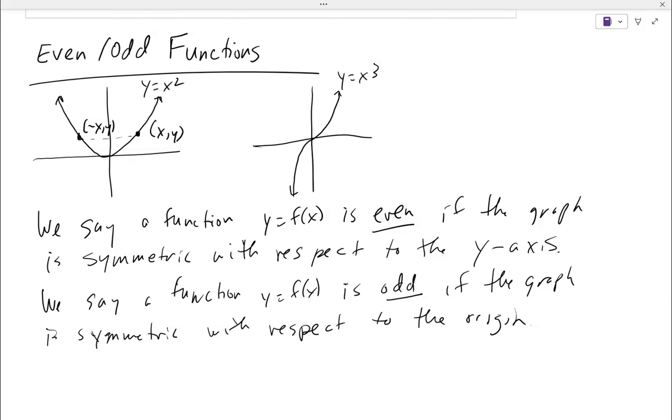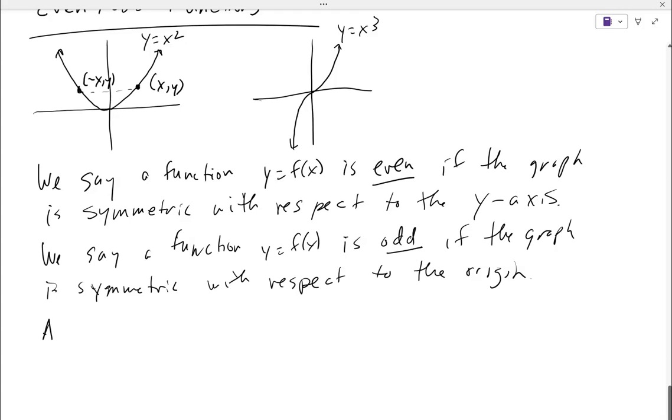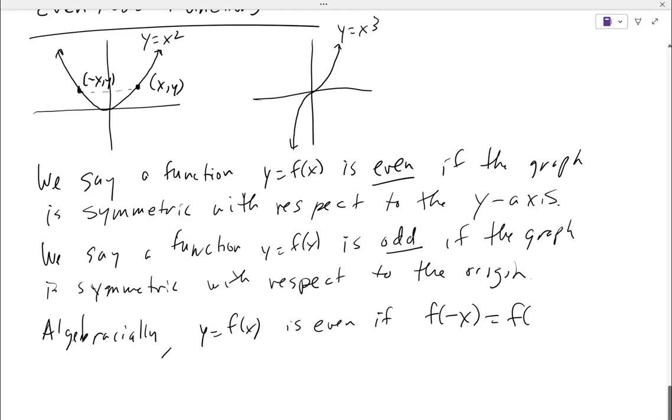No. Okay? So this gives us our algebraic way to determine if a function is even or not. y equals f of x is even if, when we replace x with negative x, we get the exact same output.